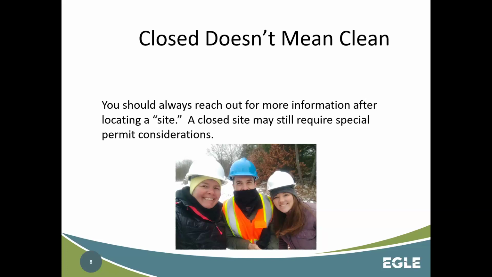A BEA does not necessarily have the extent of contamination delineated. All they need to do is document that there is contamination on that property, and they don't go to the expense of delineating. So just ask that, as Montana said, do your due diligence and check out the contamination in the area. And a BEA is just the way that a 201 or a 213 facility might be identified.